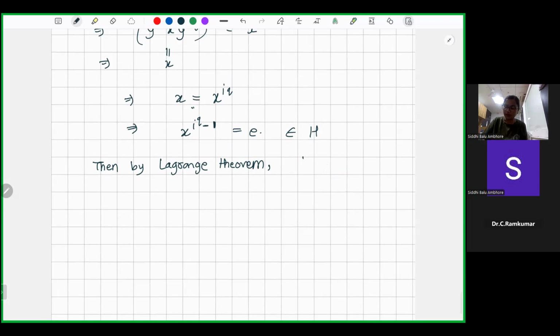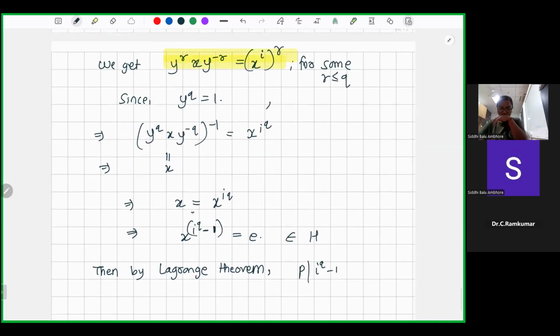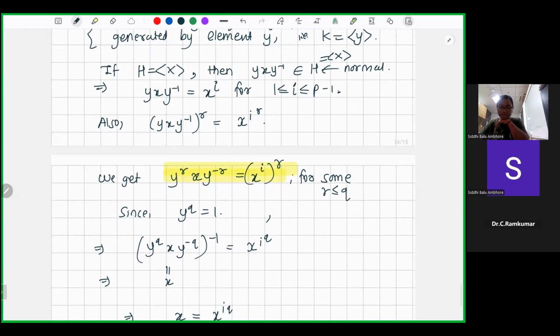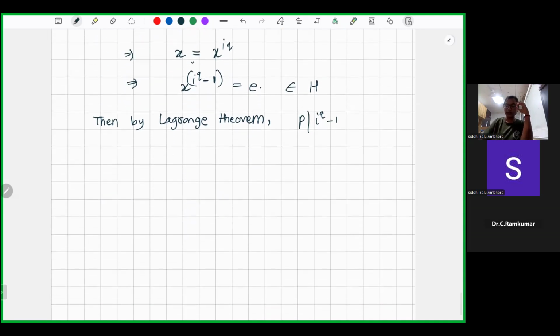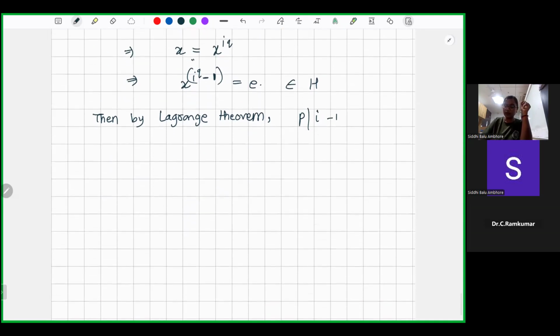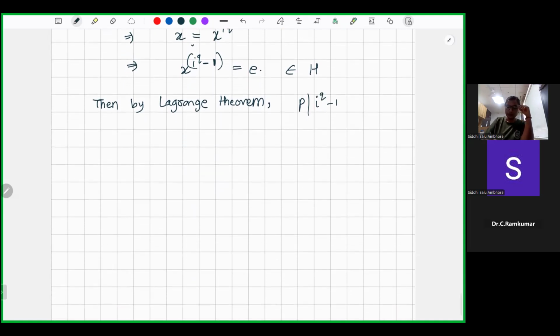Yeah, p divides iq minus 1, because the order of x was p, and we have some power of x which is the identity. We still need to check this, we will do that later on. But for now we have this iq minus 1.